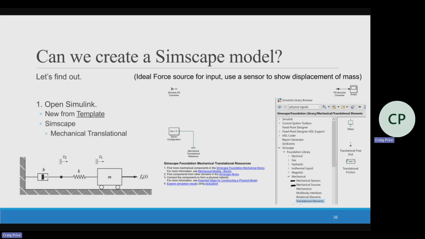Hey, we're making the Simscape. So you want to have an idea? What does a force source look like?